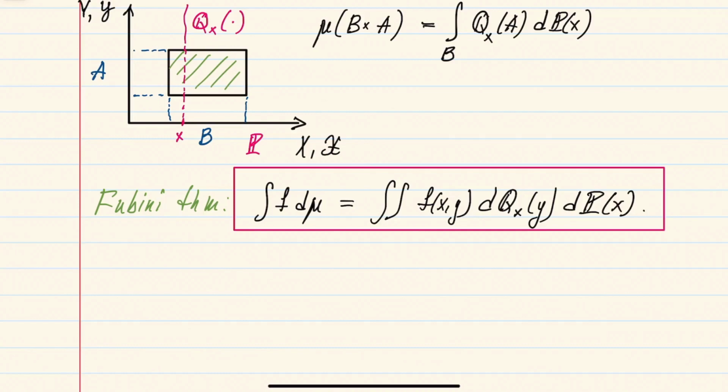And so one gets this slight generalization of the product space construction, where the second measure is replaced by the transition kernel depending on the first coordinate.